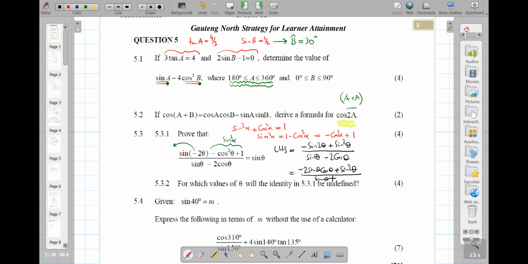What is the common factor? Sine, isn't it? Just sine. So sine is the common factor. Or take minus sine as a common factor. So you have 2 cosine and 2 cosine, not square, and minus sine.